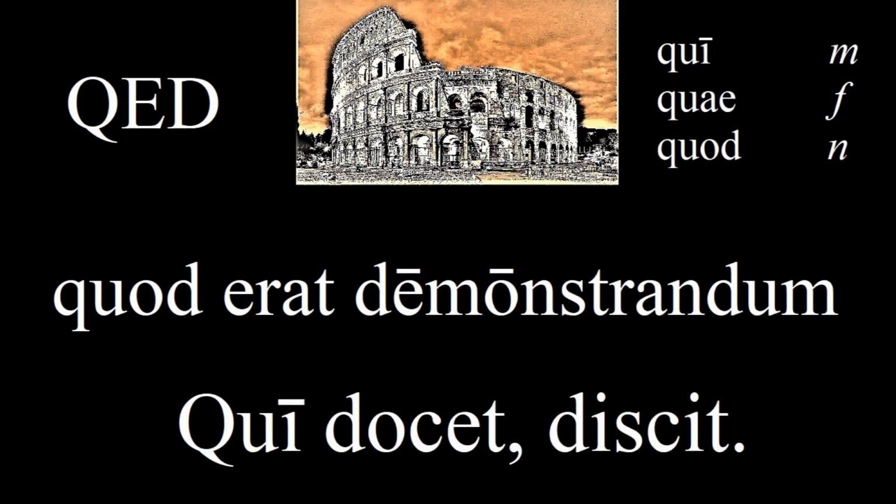If you remember the word qui from qui docet discit, means who or which. We learned later in the lessons that there's a feminine form of this, quae, and quod is the neuter version. So usually at the end of mathematical proofs, the conclusion is restated, followed by QED, which was demonstrated. I guess it's the mathematical version of a mic drop.